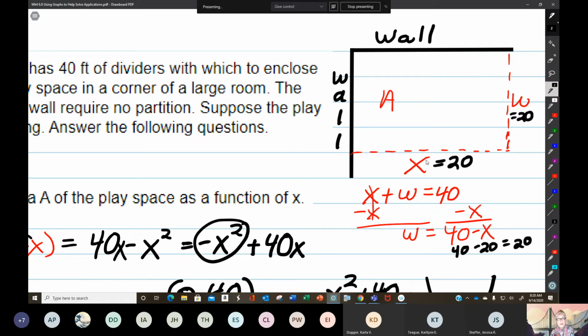This is a square where the length equals the width. And that's something for you to stick back in your memory, that whenever you want to maximize a rectangular area, the way to maximize the area is to make the figure into a square. That gives you your biggest bang for the buck.